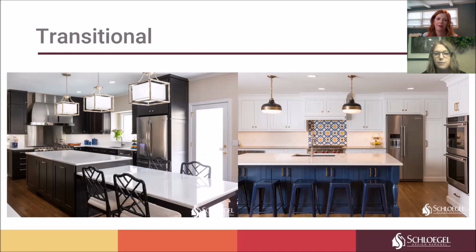And then to contrast that with the one on the right, we used the backsplash tile as the starting point of inspiration for this kitchen. So the blue in the tile was pulled out in the blue of the island. You can see the legs on the island have a little bit more detail to them. And then the white shaker style cabinetry in the back, it's got some detail, but it's not completely contemporary.